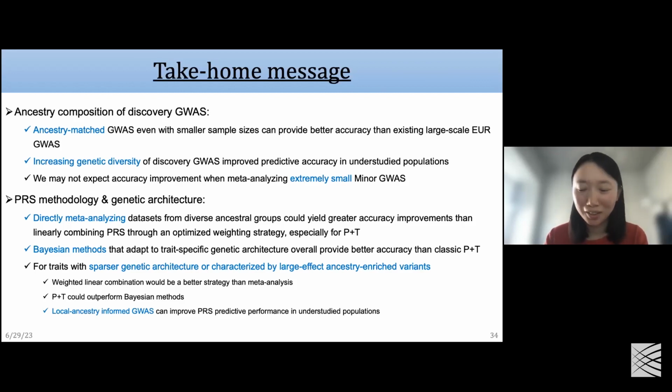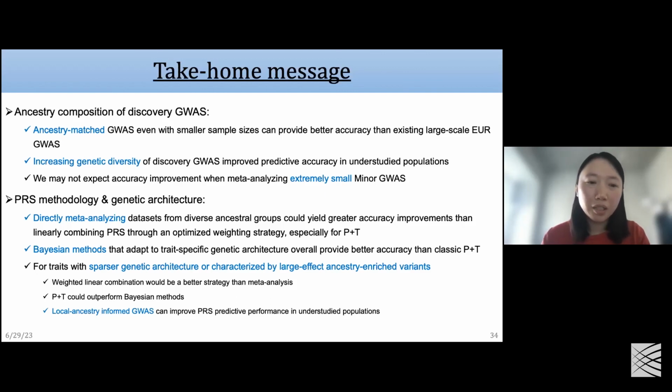And then the other question was, do you have any ideas on why the meta-analysis approach outperforms the weighted approach? In general, we found for PRS-CSx, the absolute accuracy between these two strategies differs very slightly, but usually the meta-analyzed approach is better in terms of the overall comparisons.